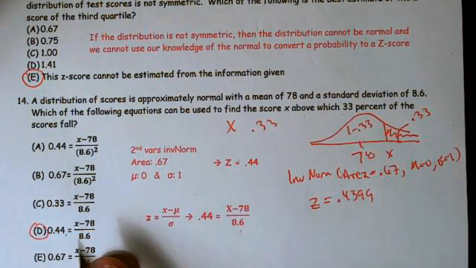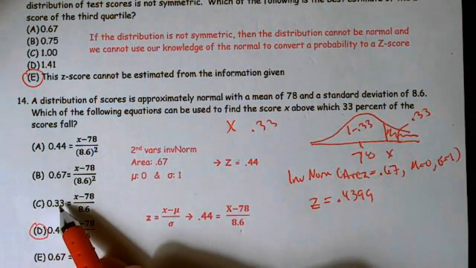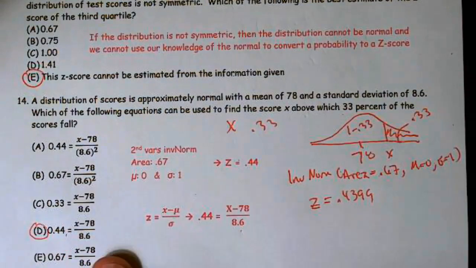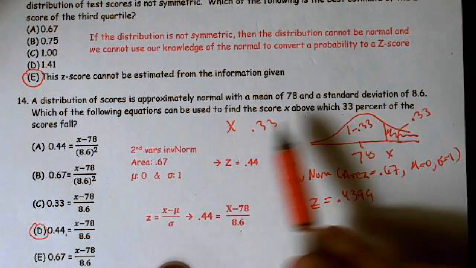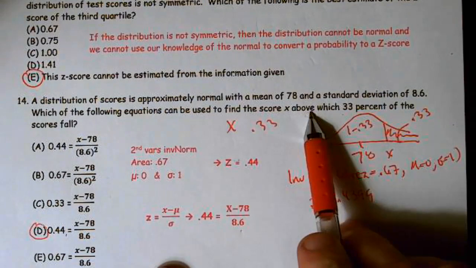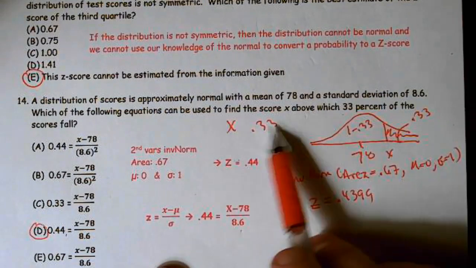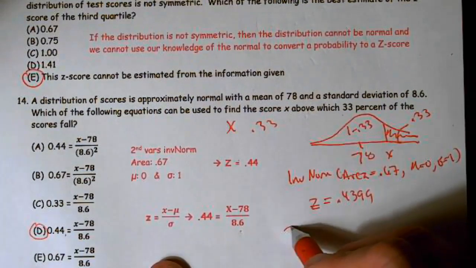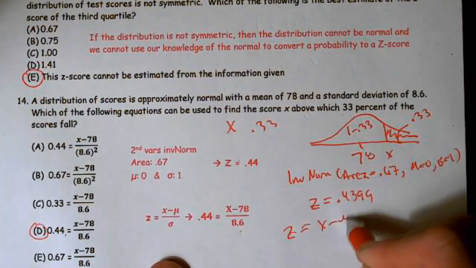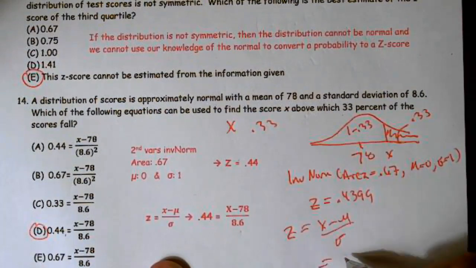A lot of people chose 0.33 or 0.67. And remember, first off, it says above, so it's very important to put the 33 above. I write down z equals x minus mu over sigma and start plugging in.